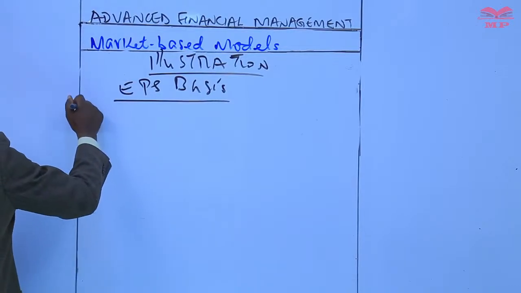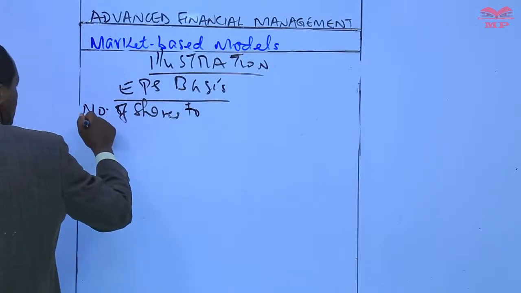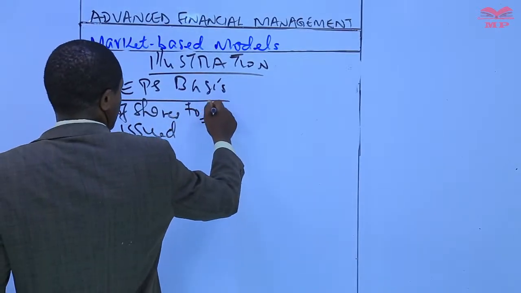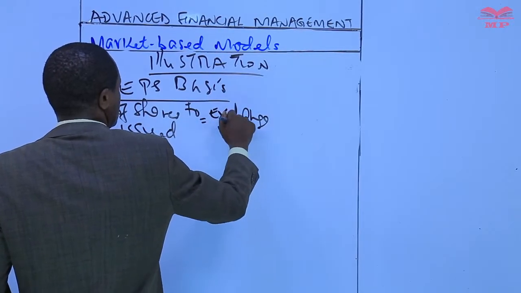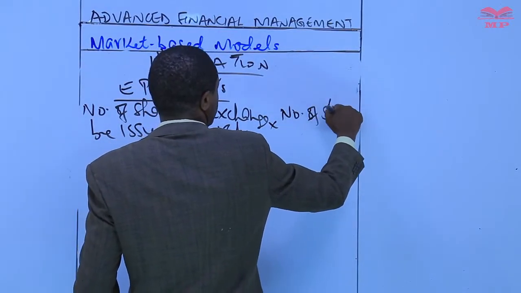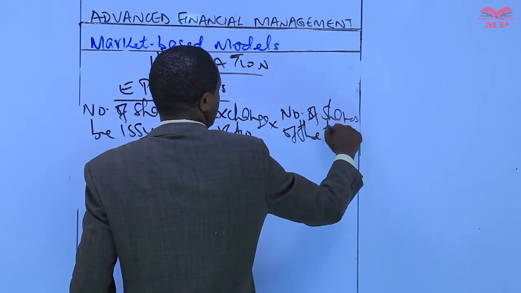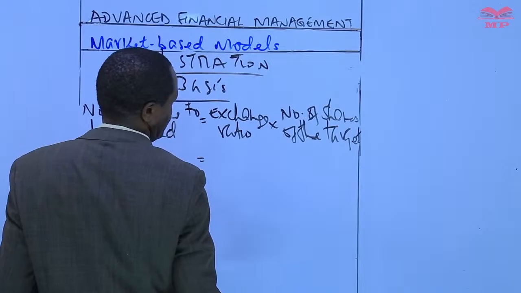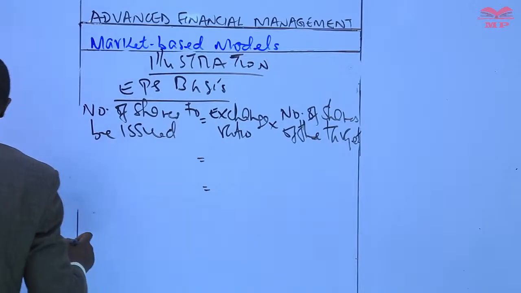The number of shares to be issued will be equal to the exchange ratio times the number of shares of the target. We do not have the exchange ratio or the number of shares of the target, so let me have the workings here.